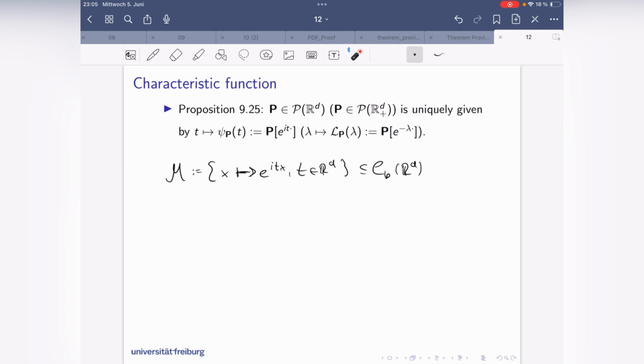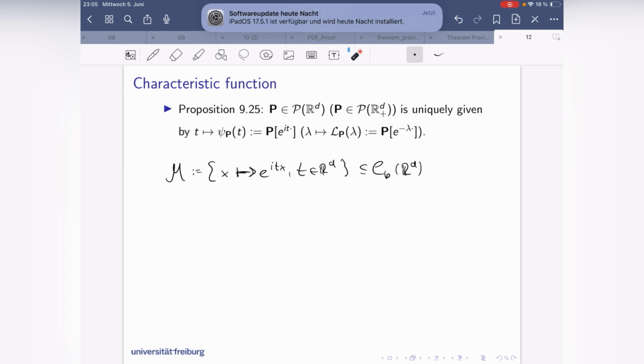And that means that we have shown that this M is separating. And, well, the integrals on this set are exactly given by the characteristic function. And that means the characteristic function determines the probability measure uniquely.